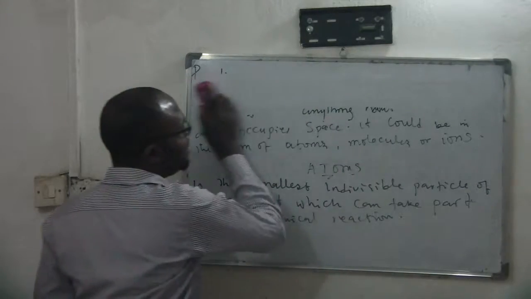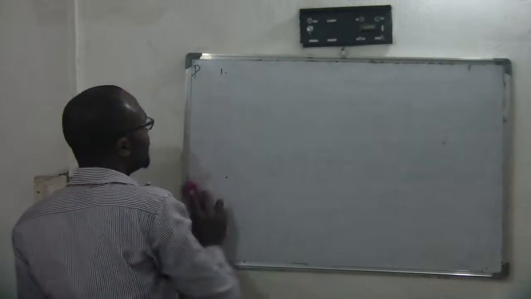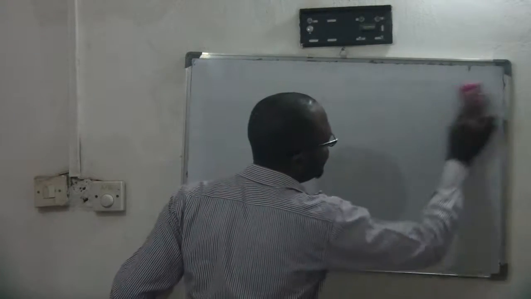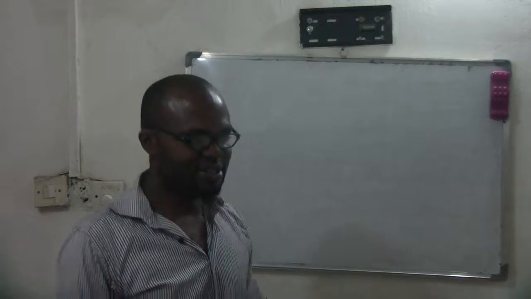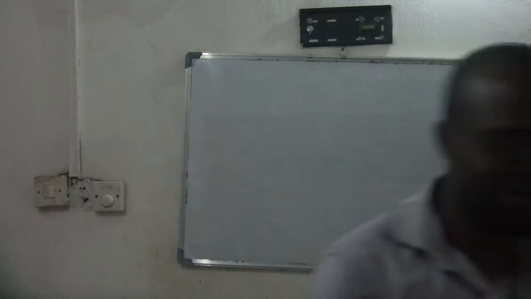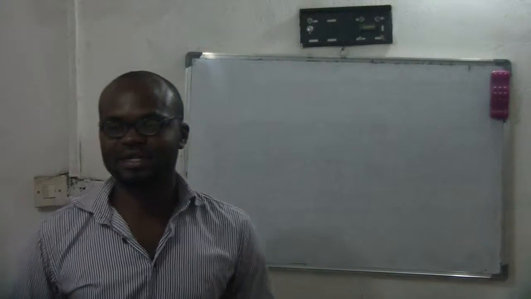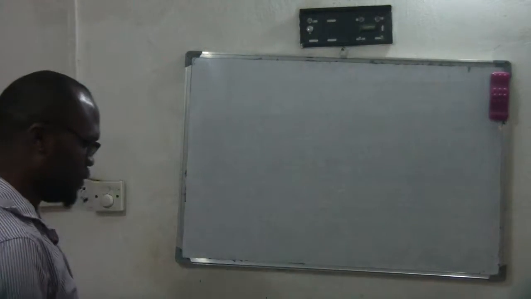Now, there is this scientist known as Dalton. There is this scientist known as who? Dalton. He's an Englishman. He was the person that proposed Dalton's atomic theory.